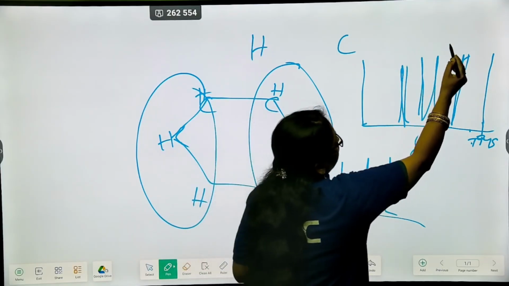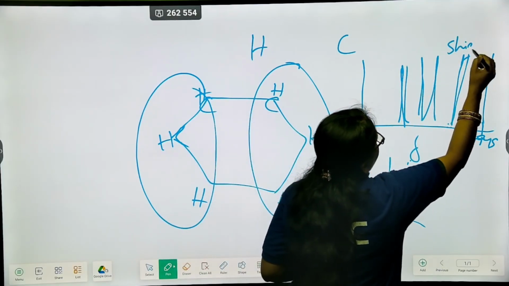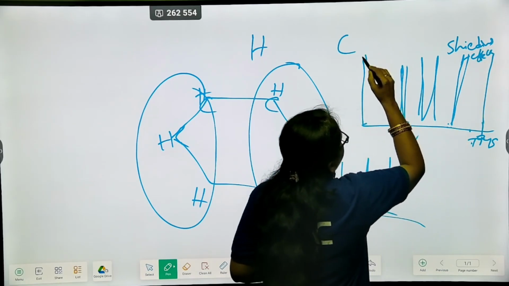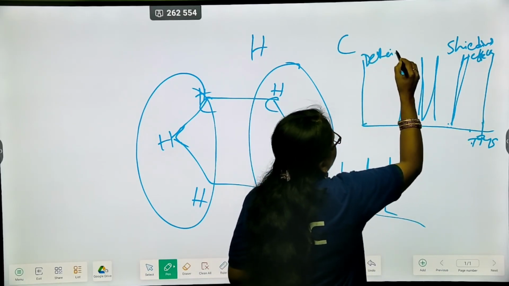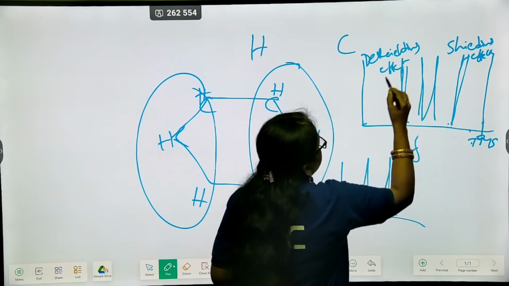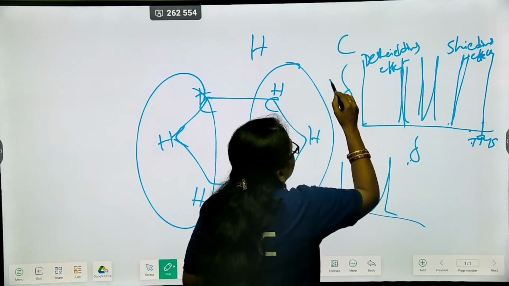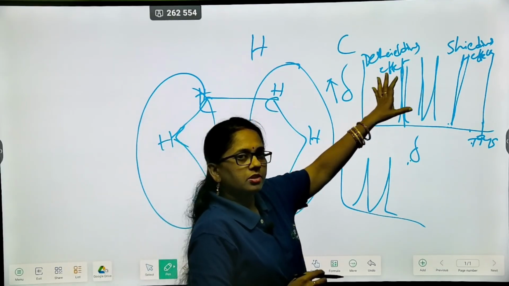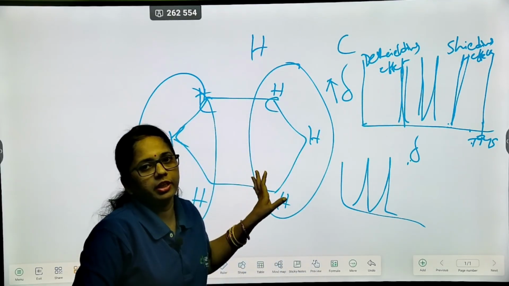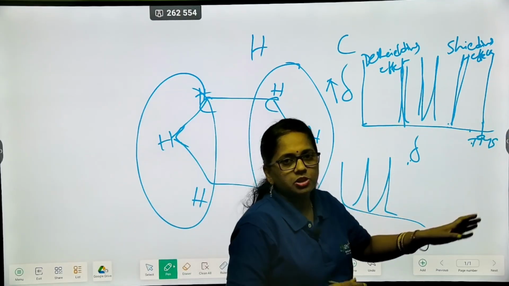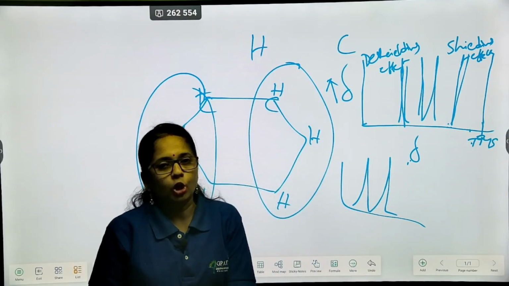You see the shielding effect towards the TMS signal, and here you see the de-shielding effect. In de-shielding you see higher chemical shift values, while the shielding effect causes chemical shift values on the very lower side.